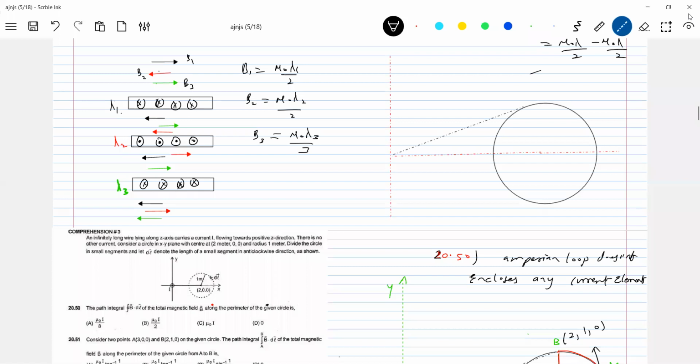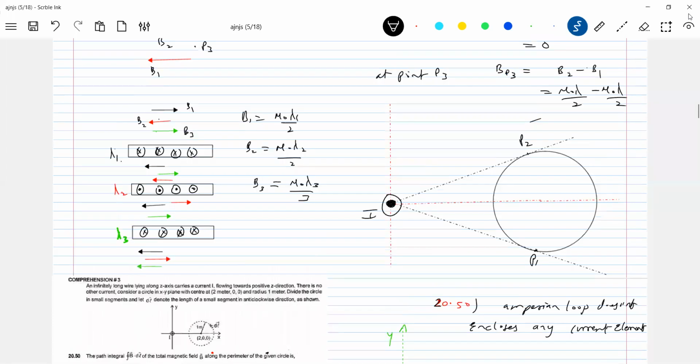So let me draw a tangent, then it will be maximum, no? The value of b bar dot dl from point P1, I'll move to P2, will be maximum if I move from P1 to P2.